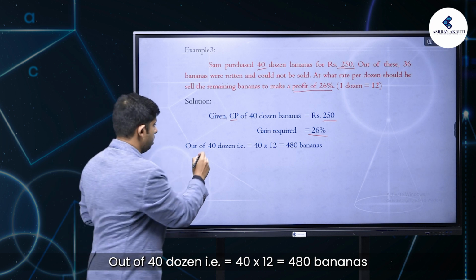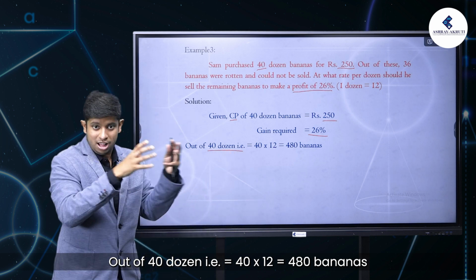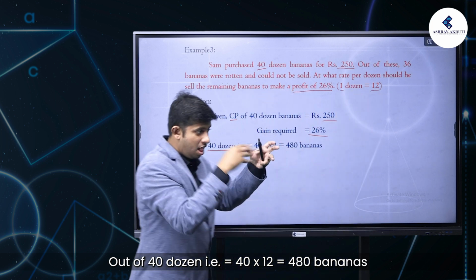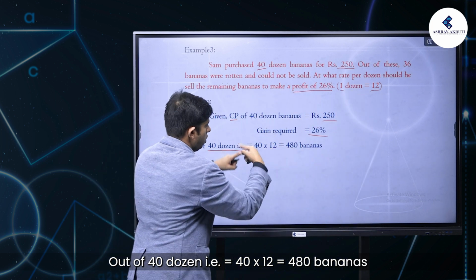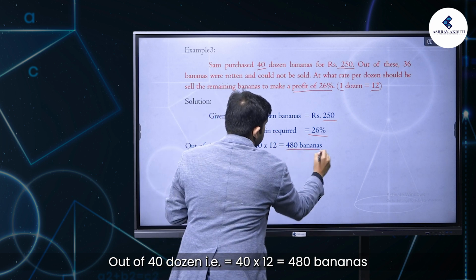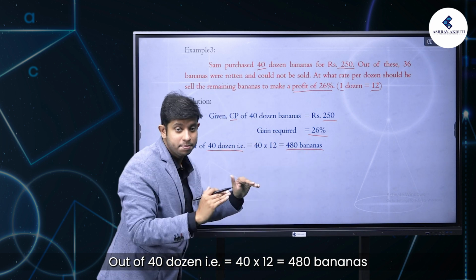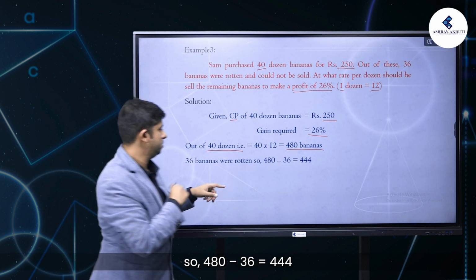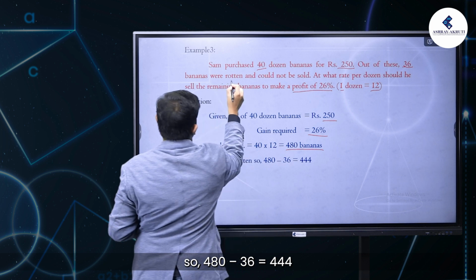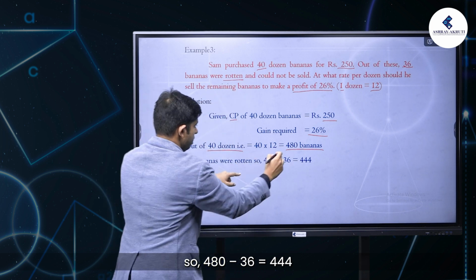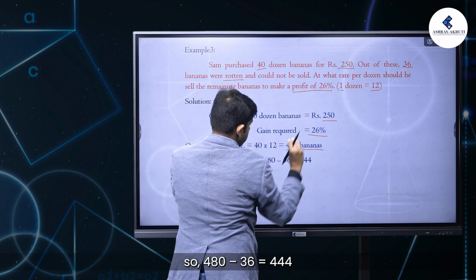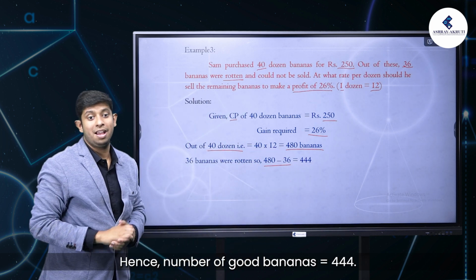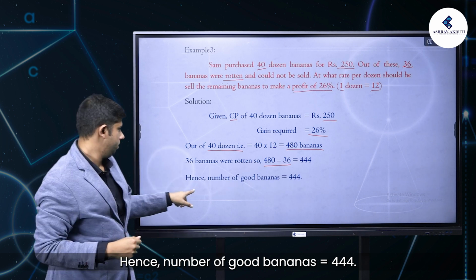Out of 40 dozen, that is 40 into 12, equals 480 bananas. 36 bananas were rotten, so 480 minus 36 is equal to 444. Hence, the number of good bananas equals 444.